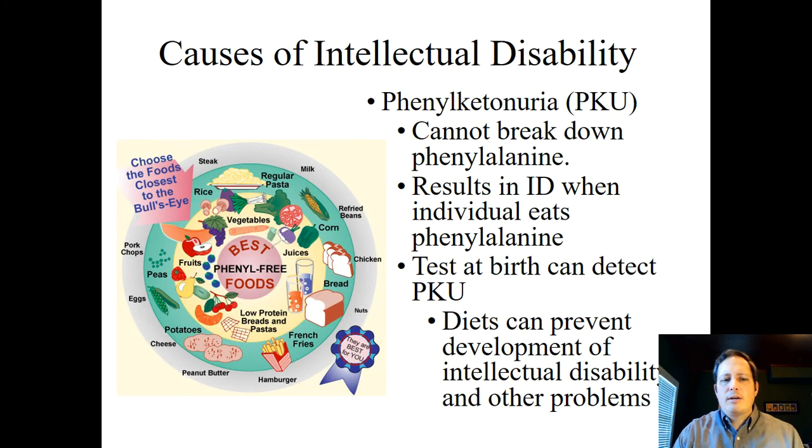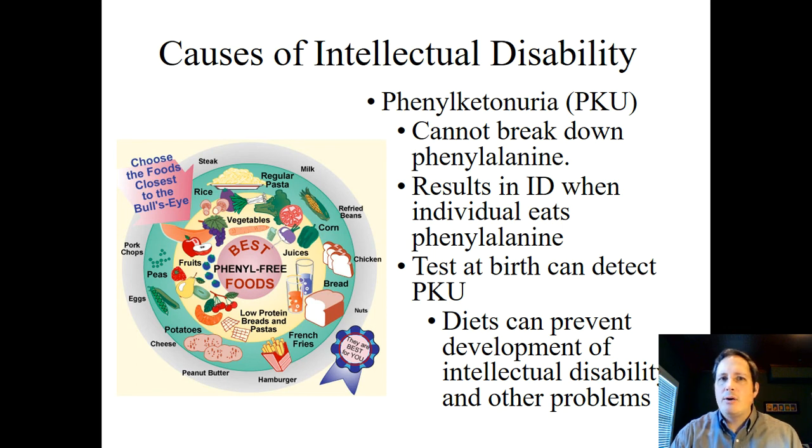Another genetic disorder that can cause intellectual disabilities is phenylketonuria, that is PKU. The underlying issue here is that the damage is caused by abnormally high levels of the amino acid phenylalanine, usually due to inherited absence of phenylalanine hydroxylase, which is an enzyme that metabolizes phenylalanine.